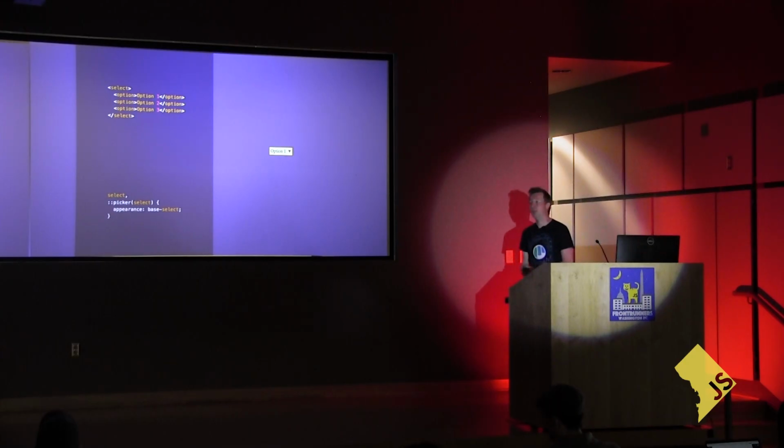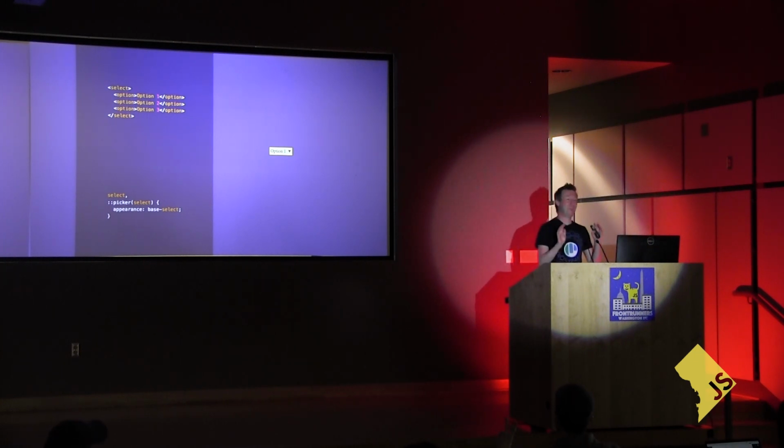So, we're at the interactive portion of this presentation. Who here has implemented their own custom select or drop-down? You all did a terrible job. But it's not your fault, because that's the best you can do on the web currently.